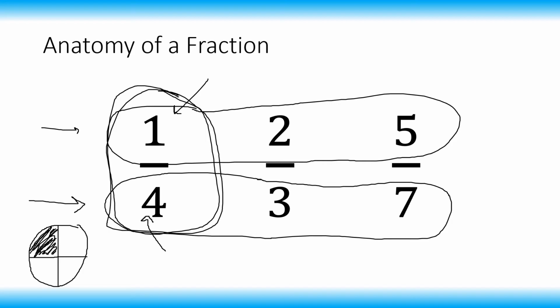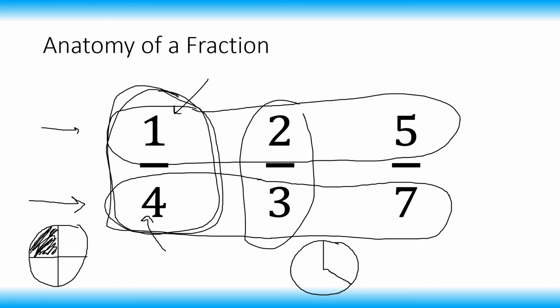For 2/3, the second one, it's a similar idea. We've got our pizza like this, and we cut it into thirds. This might not look equal, but I'm doing my best. So we cut it into thirds like so, and we have 2 of those pieces, so we can shade in 2 of the slices like so.